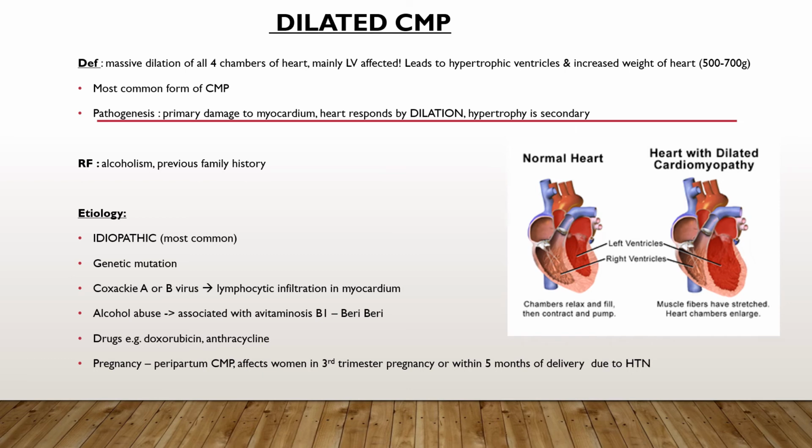Risk factors are alcoholism or having a previous family history of cardiomyopathy. The most common causes are actually idiopathic, so there is no known reason as to why it happens. It could be due to a viral infection with Coxsackie A or B virus, which leads to infiltration of lymphocytes, genetic mutation, alcohol abuse, typically associated with beriberi, anti-tumor drugs such as doxorubicin or anthracycline, or pregnancy.